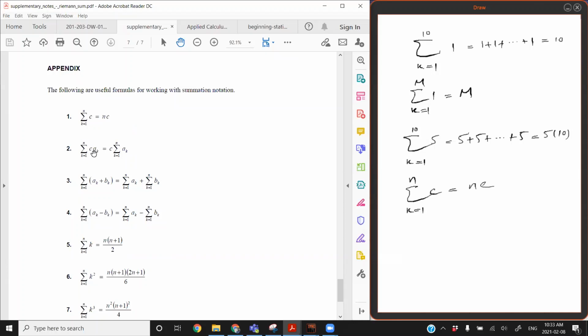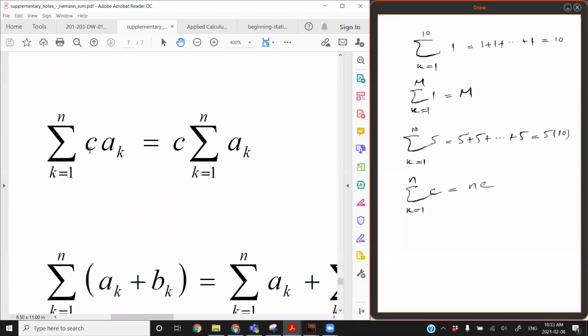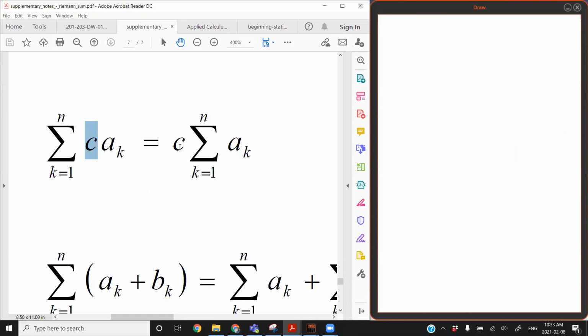Next one is, if you have a constant c, you can move it out of the sigma notation, which is basically the factoring property or the distributive property of sum.